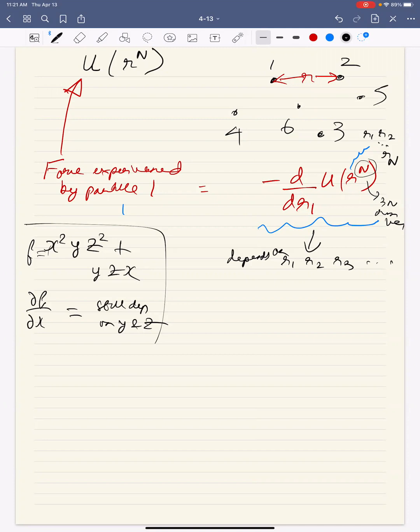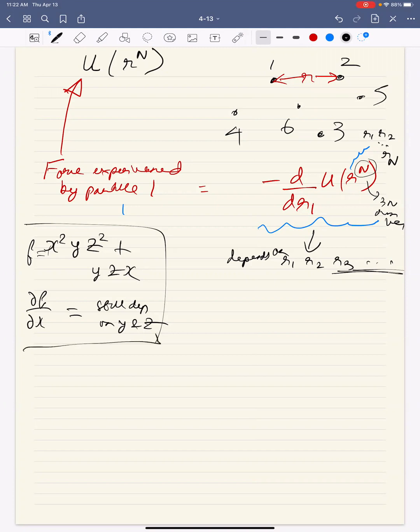What's going on in the environment is captured through these other variables, right? So this is not just a function of R1 and R2, it's a function of everything else. But we might be interested in studying the force between two particles, averaging out everything else. So on average, what is the force experienced between two particles, okay?